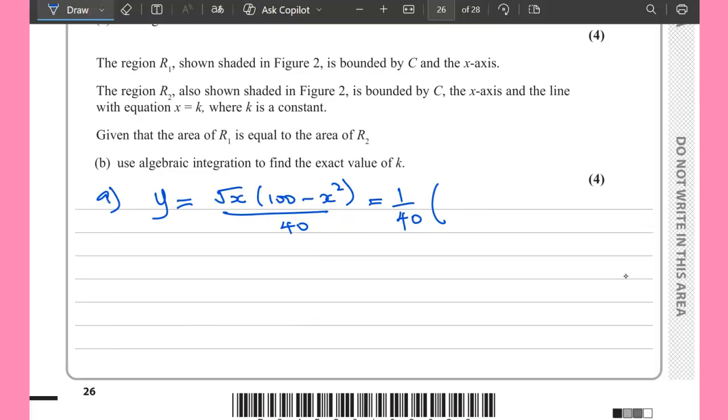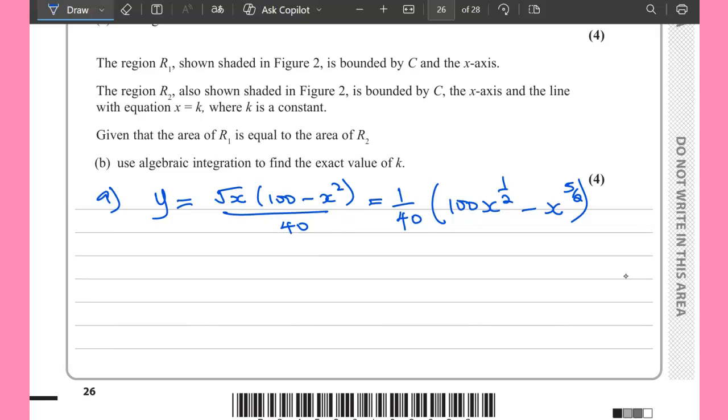This is the same as 100 x raised to power half, minus x squared multiplied by x raised to power half. This is the same as x raised to power 5 over 2.